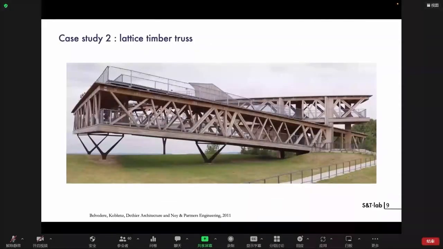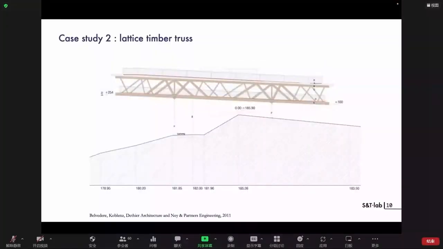So this is a lattice timber truss system. This is quite interesting because it's built, and it's both an architectural and structural project. The section is the facade, and we can process some analysis with VGS. The species of the wood is Douglas, very classic, and the spans are crossed by lattice girders.